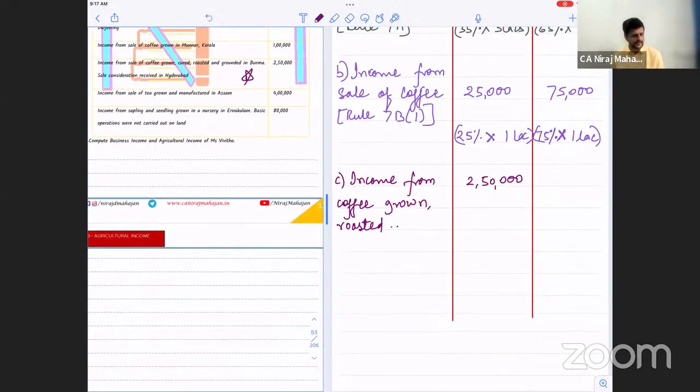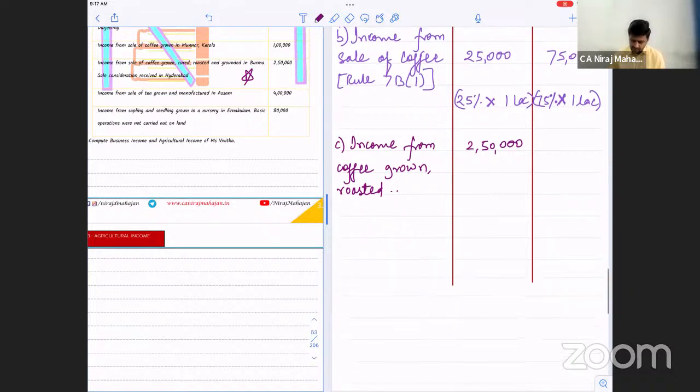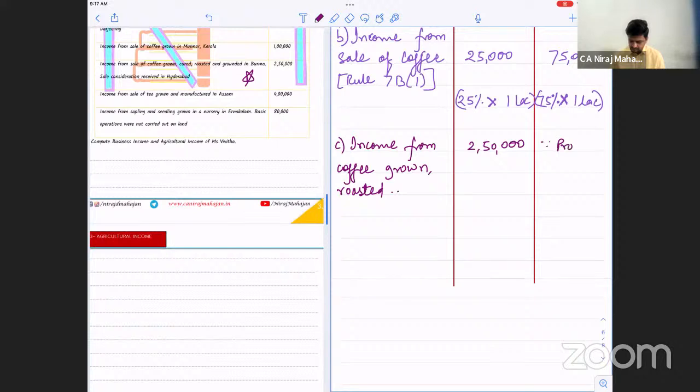Because the processing is not done in India. If you look at Rule 7B, the process should happen in India. Since it has happened outside India, it is fully business income. So I'm writing here: since processed outside India, income is there and ROR is there, so it has to be taxable. We're talking about apportionment; for apportionment, the process should happen in India. Therefore, not agri income. It is income, but not agri income.